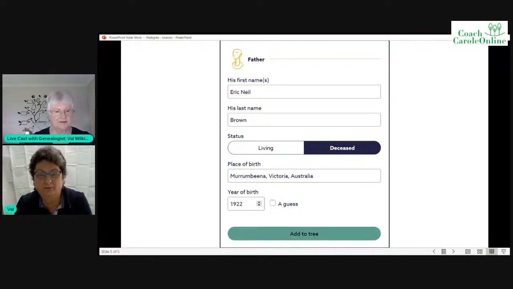But I found so many of these online trees, people don't have the source of their information. And it doesn't have to be a great long citation. It could just be birth certificate number such and such. That's all it needs to be. It's proving you've got a birth certificate.